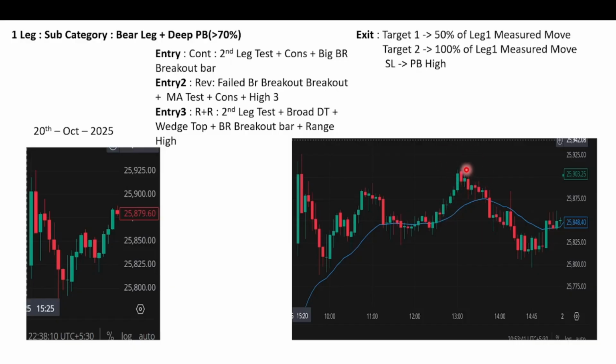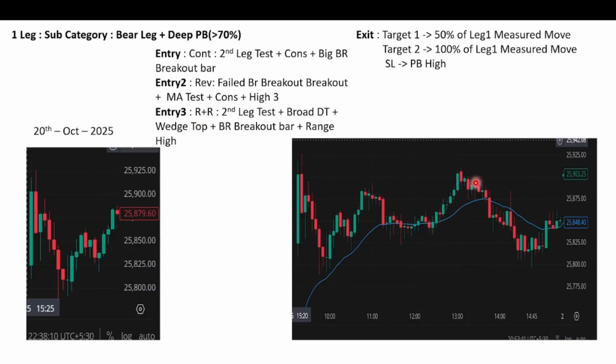And as I said, we have to look for wedge tops and double bottoms and second leg test, which this is the second leg, and when it is going in this direction it will test that. So if you are looking out for all those, when you get this signal, you will enter the reversal plus reversal trade.